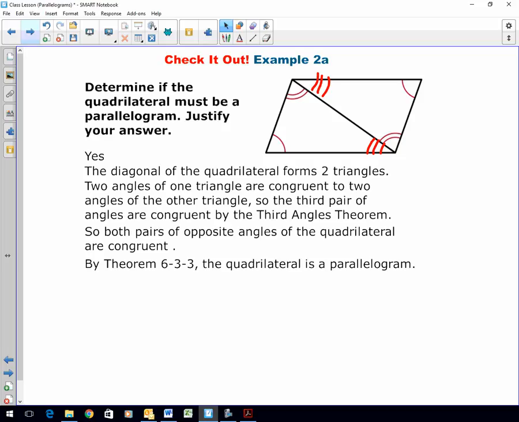Here and here, right? These are obviously congruent, but 2 rings and 3 rings, 2 rings and 3 rings means that no matter how I want to divvy that up, it's going to be the same and it's going to be congruent. Okay? Another one of my properties, both pairs of opposite angles.